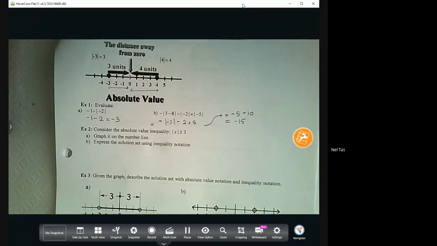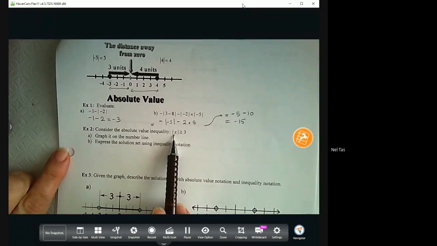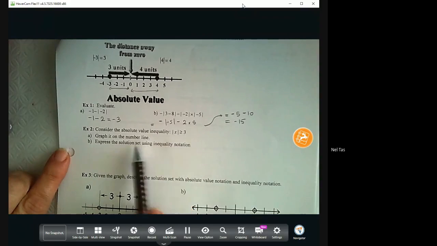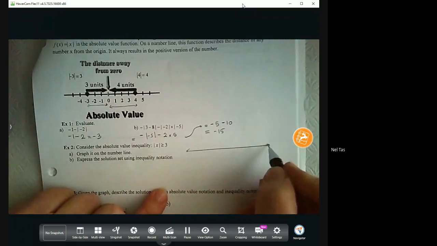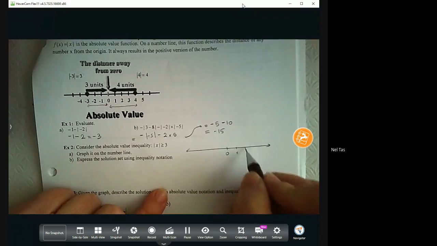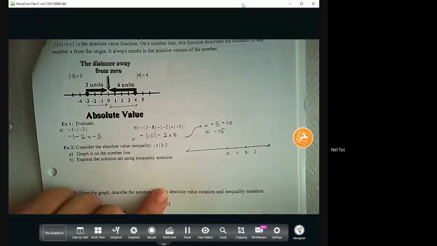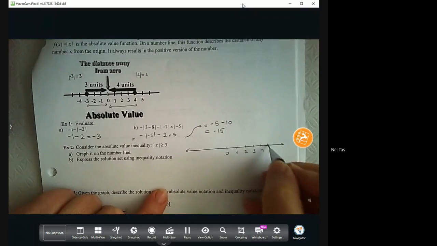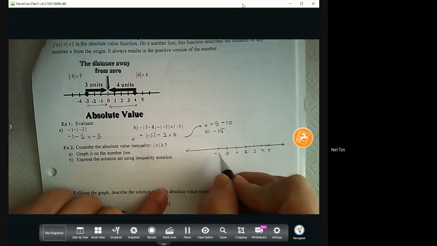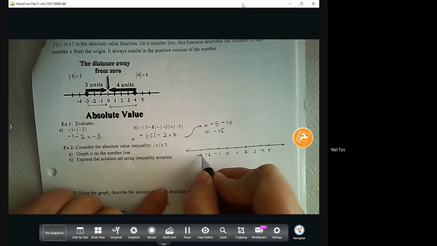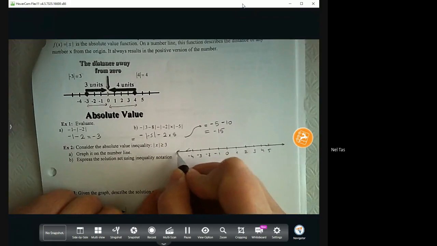Okay, example 2. Consider the absolute value inequality. You have the absolute value of x greater than or equal to 3. We are going to graph this on a number line. 0, 1, 2, 3, and it goes on. Negative side, -1, -2, -3, and it goes on.